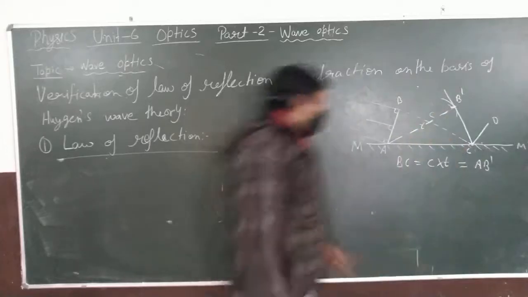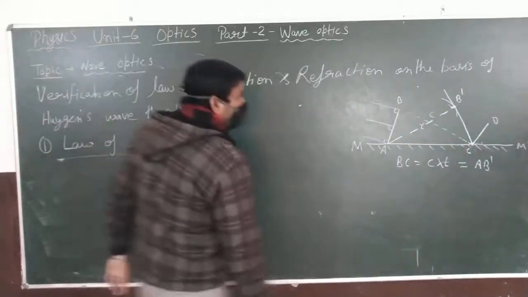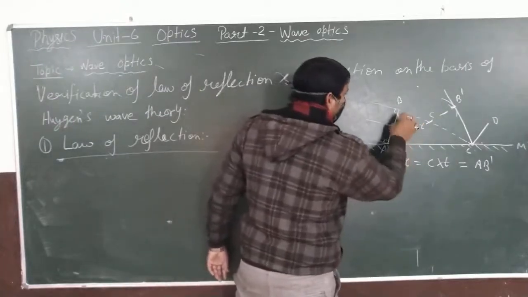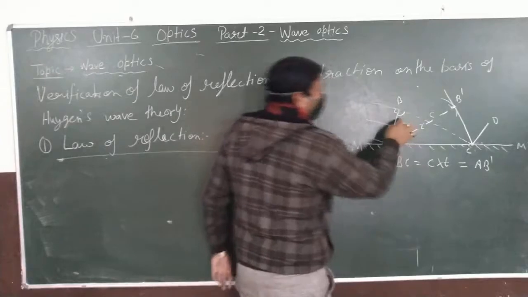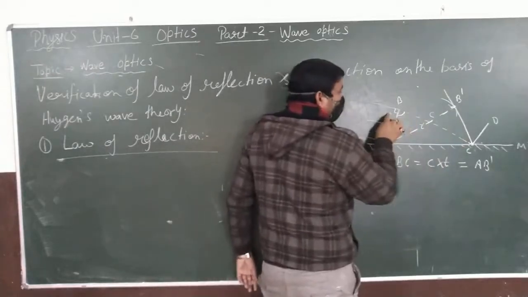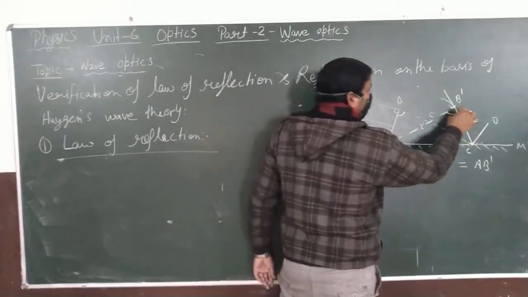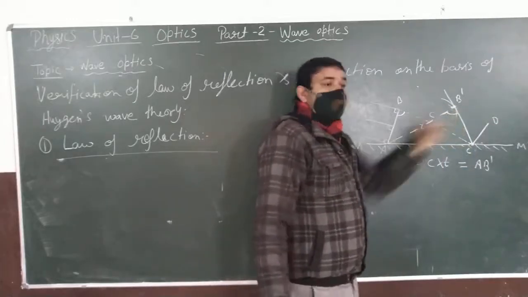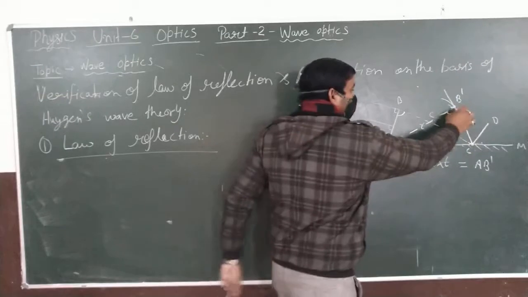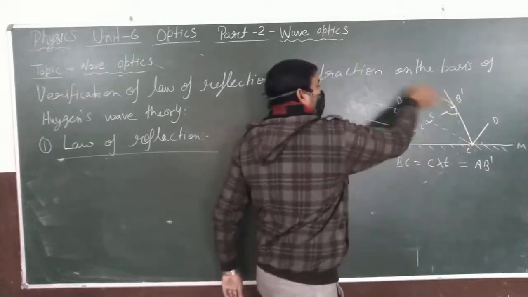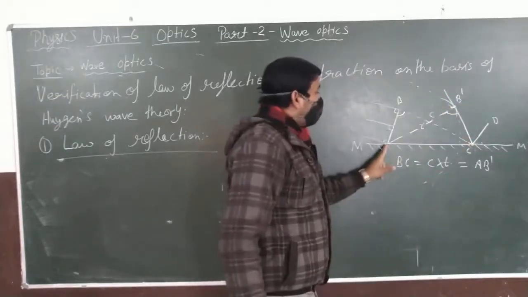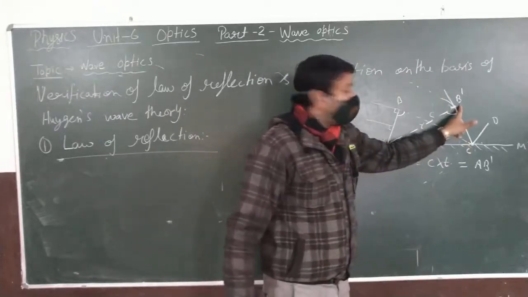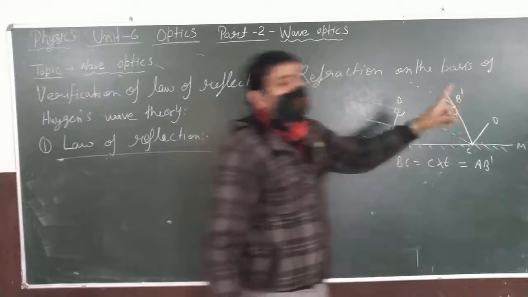Now we have two triangles in which this angle is 90 degrees, and this is also 90 degrees because this is the arc. If this is a circle, you know the line from the center of the circle to the periphery is at 90 degrees.